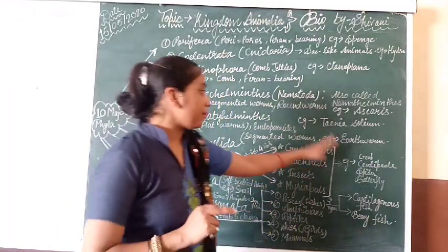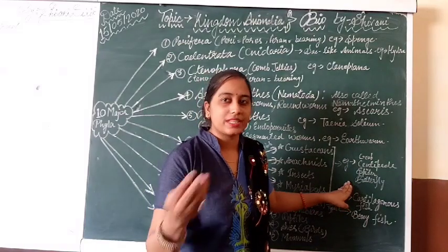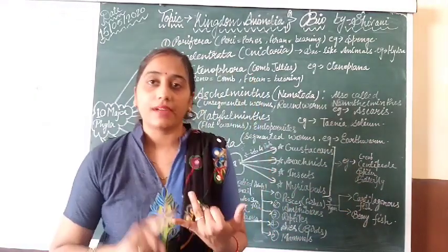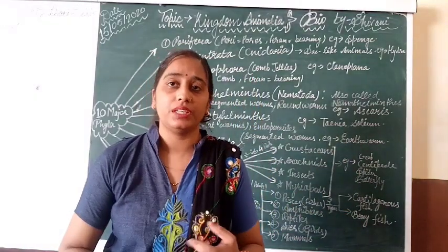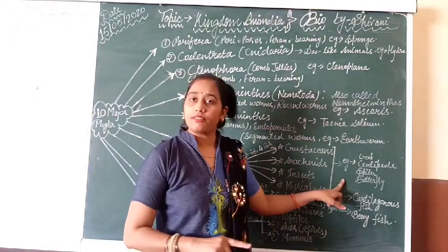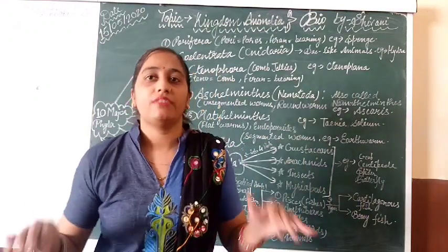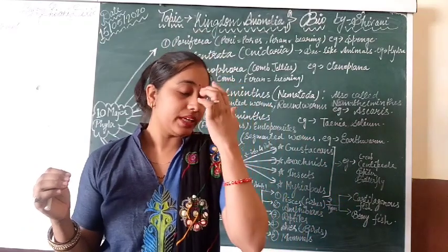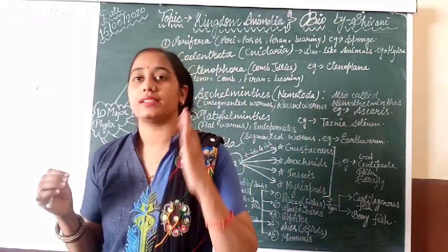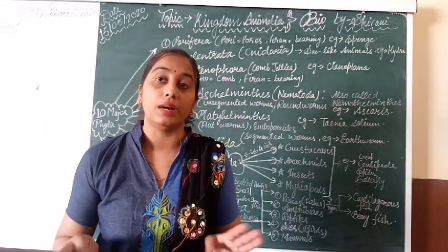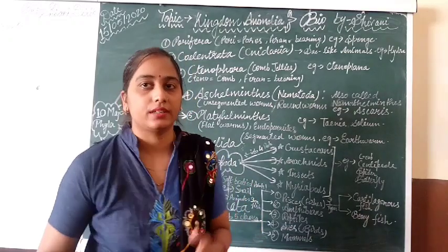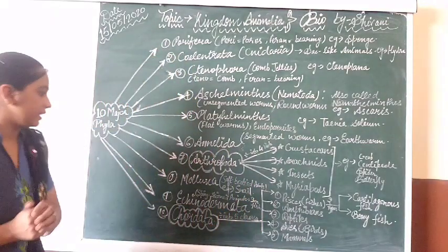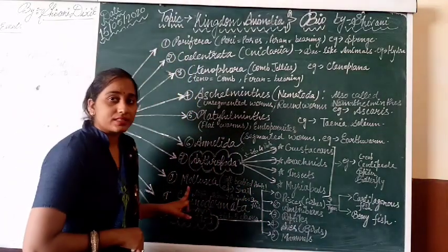The best examples we have all seen: crab, spider, centipede, millipede, butterfly. They are all part of kingdom Animalia, and the phylum they belong to is Arthropoda. Arthro means many, pods means leg. Let's move towards the next part, that is Mollusca.